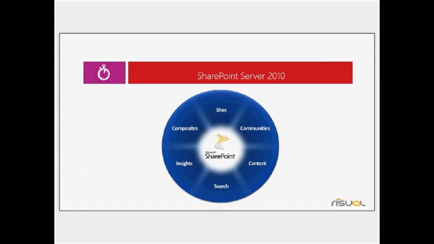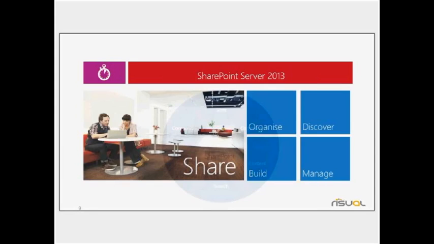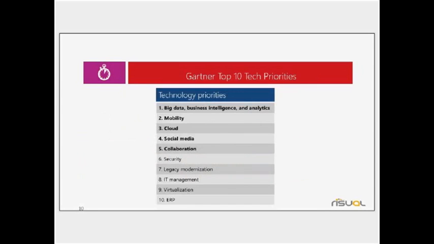In terms of why you might use SharePoint, I think it's interesting to look at some of the Gartner research as to what are the top priorities for technology. So Gartner are a major business analyst that look at, and every year they publish this list of what are the top 10 priorities from a technology point of view. And I've put in bold the top 5 because all of these 5 are actually addressable through SharePoint.